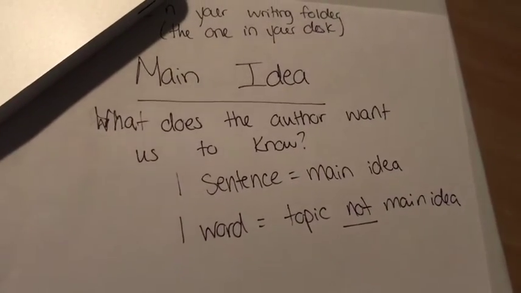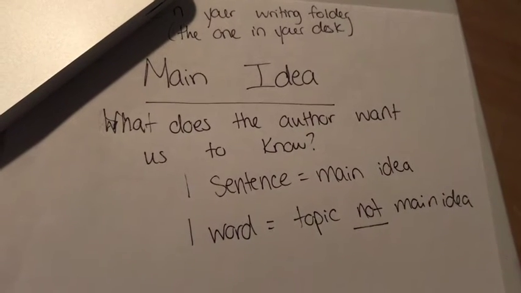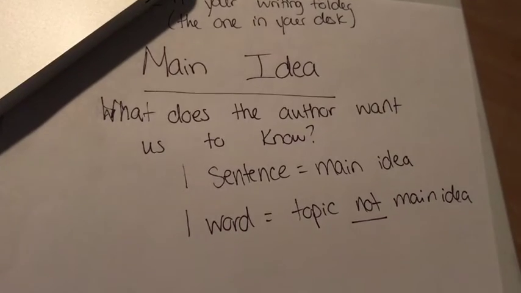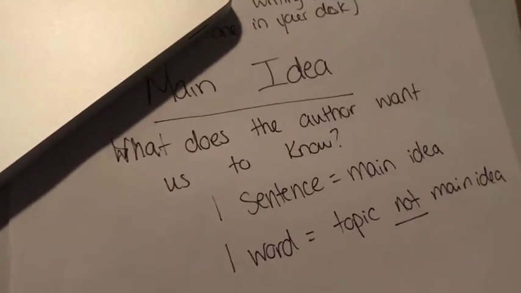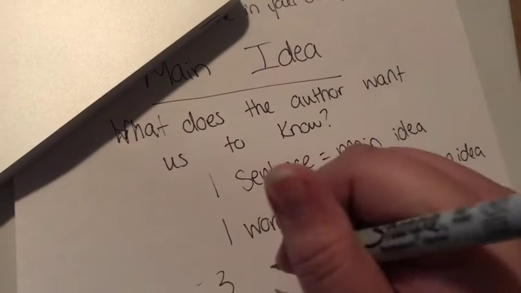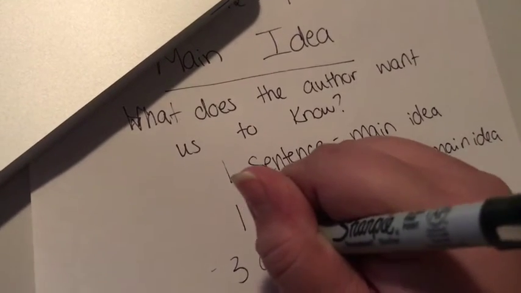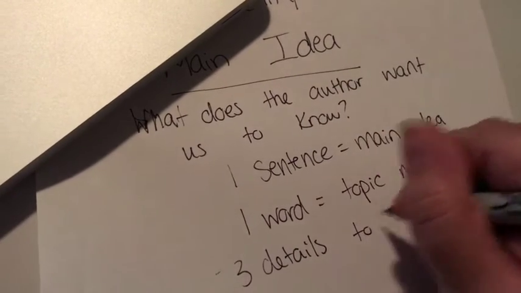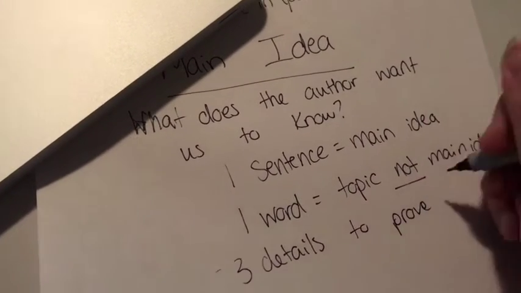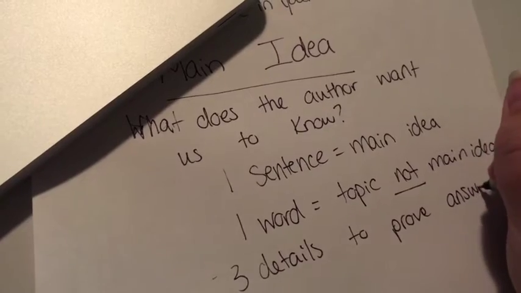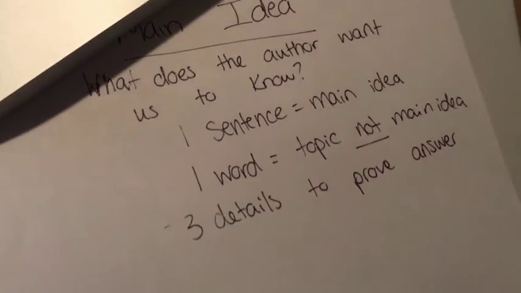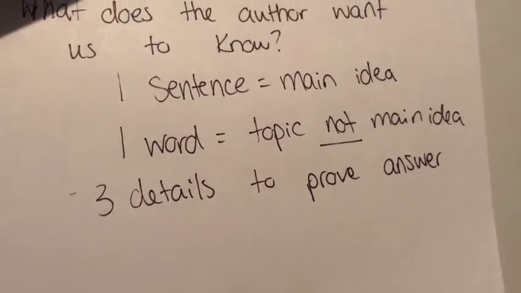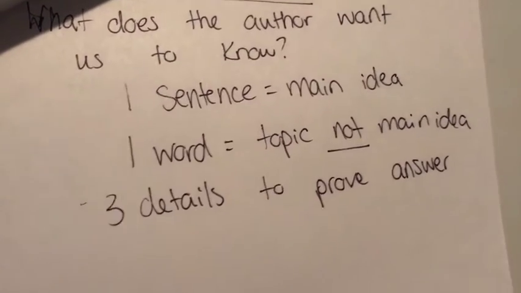One sentence, one nice complete, you know how Miss Tam likes it, one nice complete third grade sentence equals the main idea. One word equals the topic, not the main idea. And with this, you need 3 details to prove your answer. 3 details. All right, you always want 3 text evidence proven details to support your main idea.